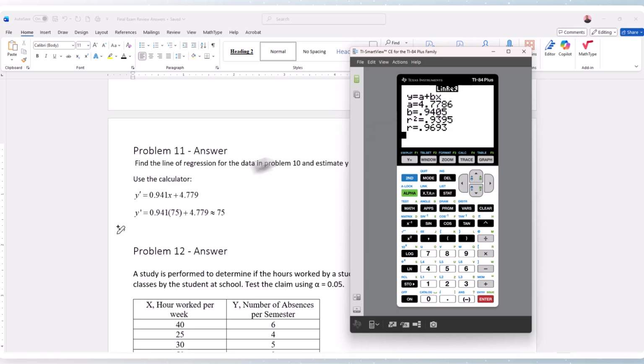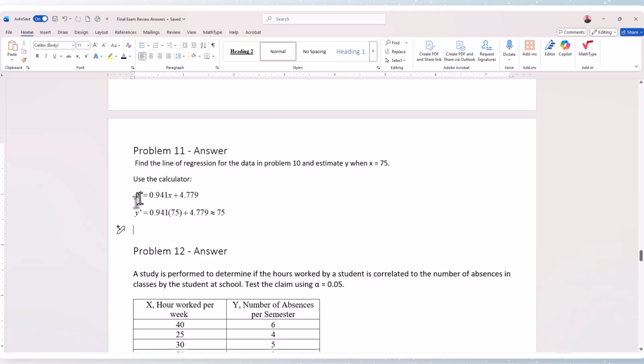The slope B is going to round to 0.941. So the line of regression is y prime equal to 0.941x plus 4.779.